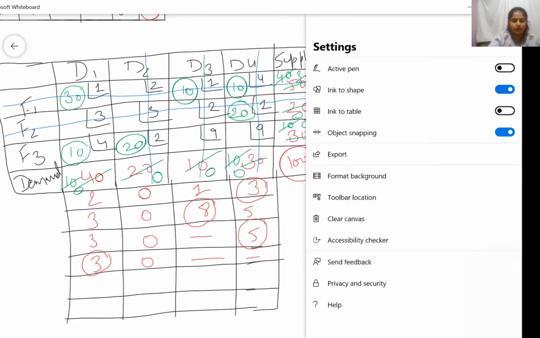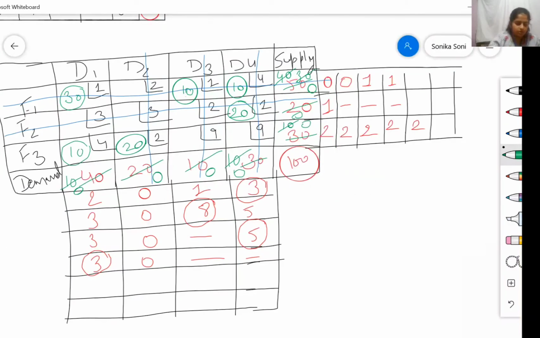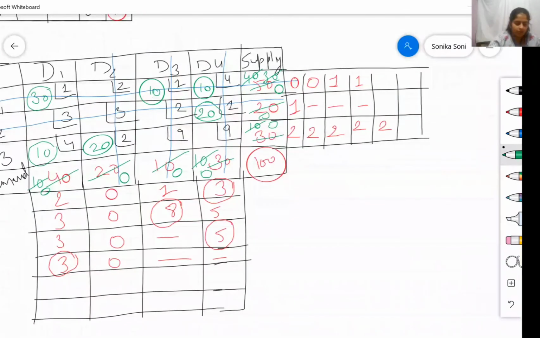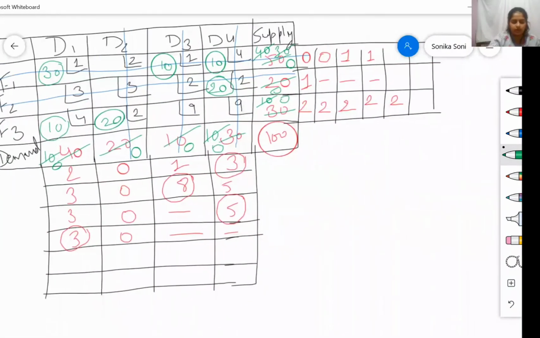Now how to find out the transportation cost here. It is similar to the VAM and LCM methods where we used to multiply the cost and allocated quantity.